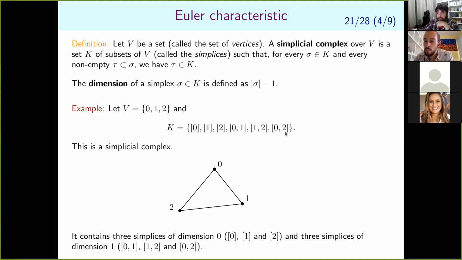And so basically, what it means, simplices should be seen as pieces that we add to the complex. The simplices of dimension 0 should be seen as vertices, and the simplices of dimension 1 should be seen as edges, right?